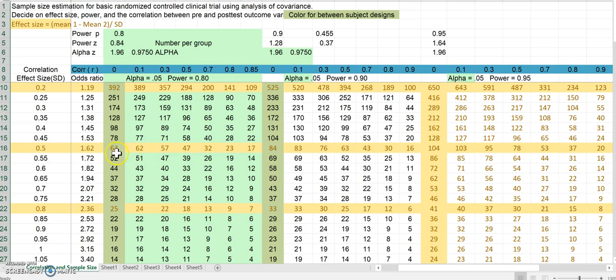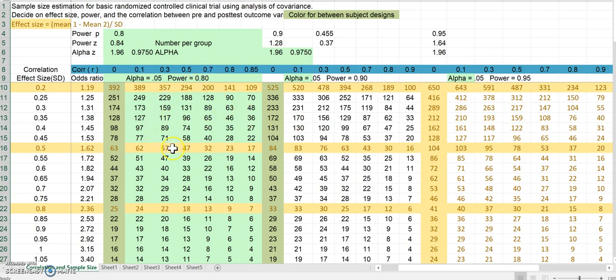We would have that sample size that we were just talking about. If we wanted to see what a half standard deviation difference is, and we wanted a power of 0.9 instead of 0.8, then we go all the way up to 104 subjects per group. You can see this is getting to be a pretty big study, and that's why people don't do a power of 0.95 very often.